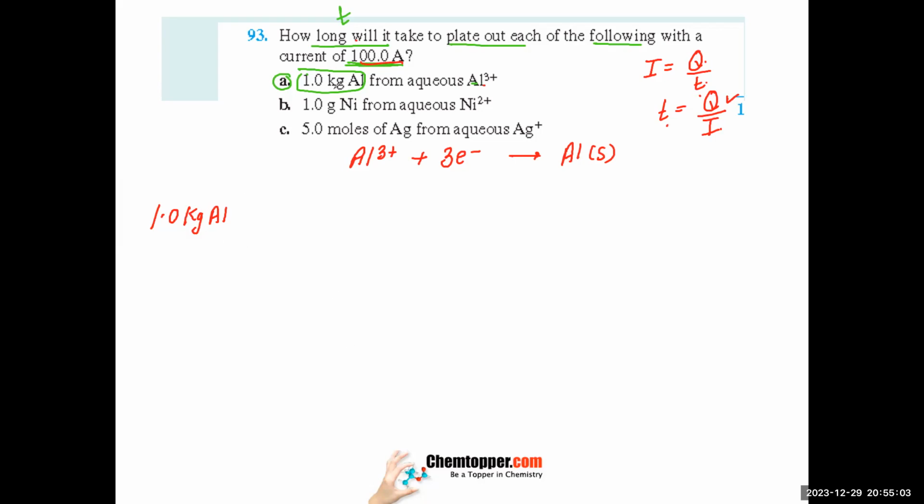I'll take this 1 kg of aluminum and convert this into grams of aluminum, then to moles of aluminum, then to moles of electrons using this ratio 1 is to 3 moles of electrons, then to charge, coulombs, and then I'll divide this charge by I and I'll get time.